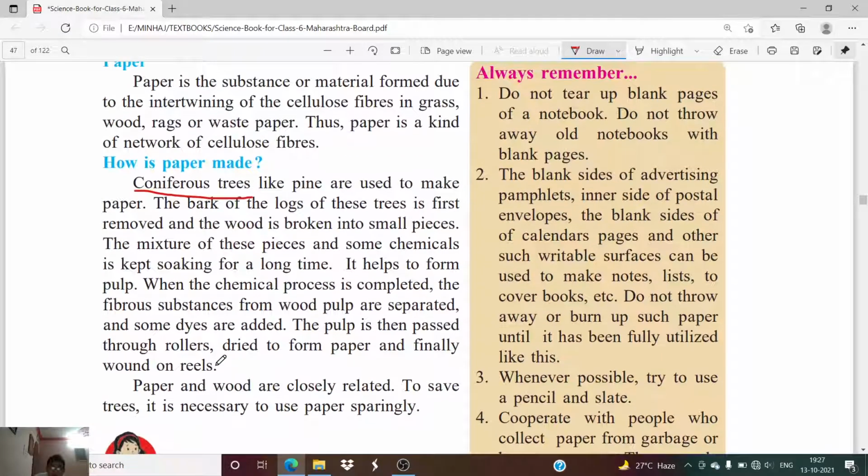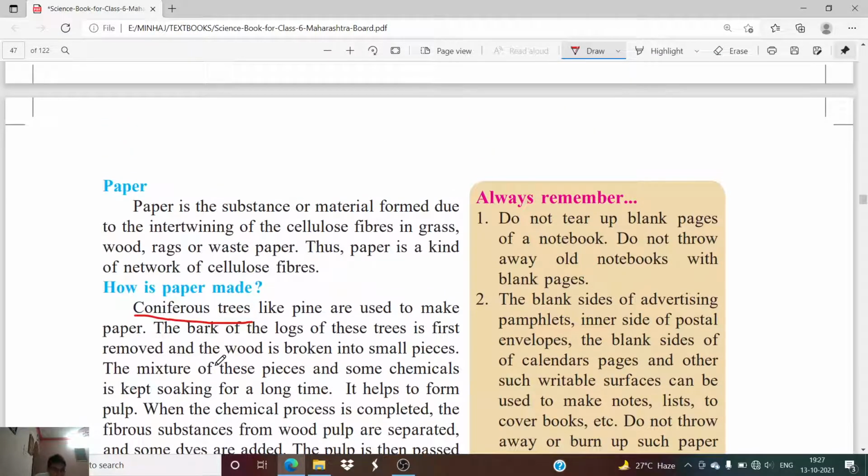Now what we should remember when we are using paper: we should not tear up blank pages of a notebook, and we should not throw away notebooks with blank pages. Lots of times 50, 20, 30 pages are left out in the notebook.